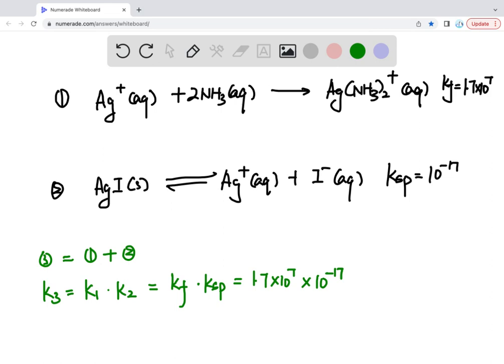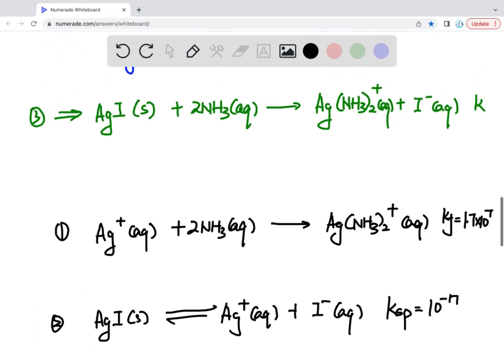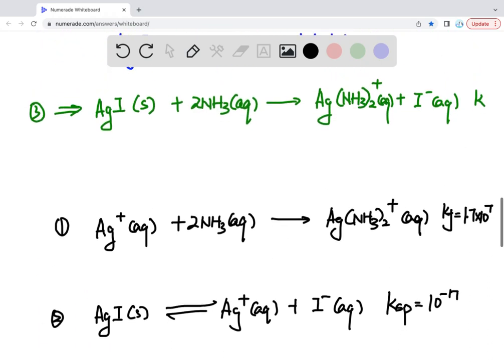So in this case, it's about 1.7 times 10 to the minus 10.